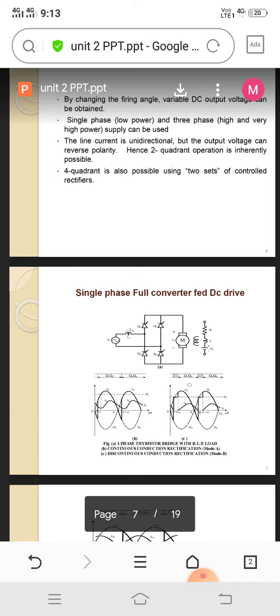So finally we will get a proper DC output through the single phase full converter drive system.